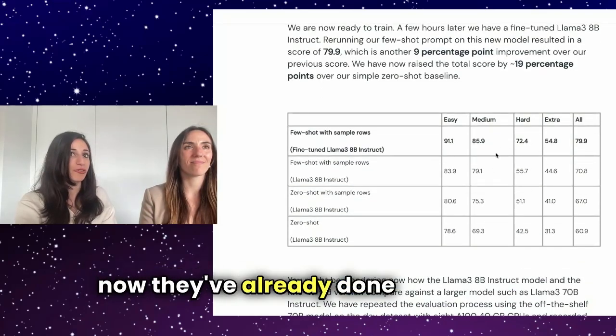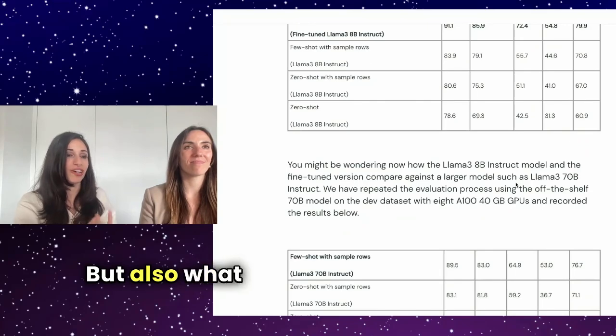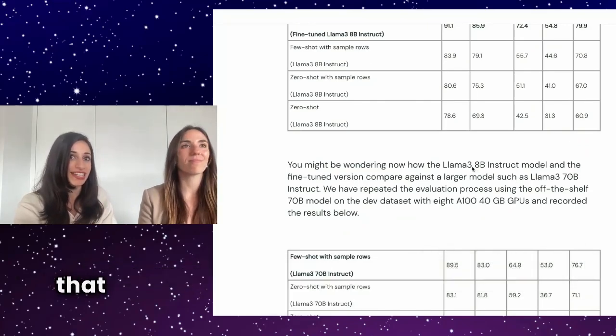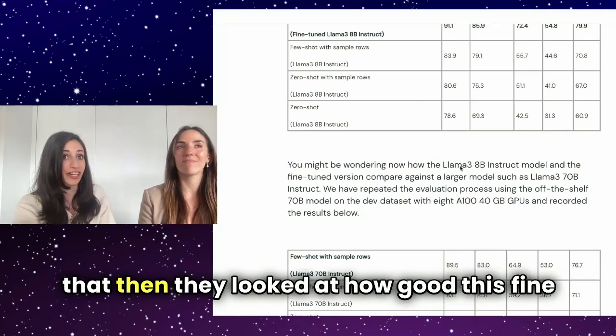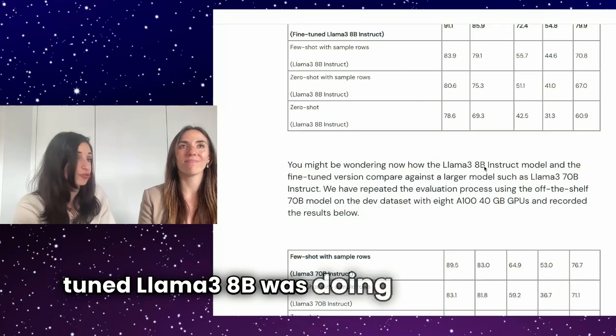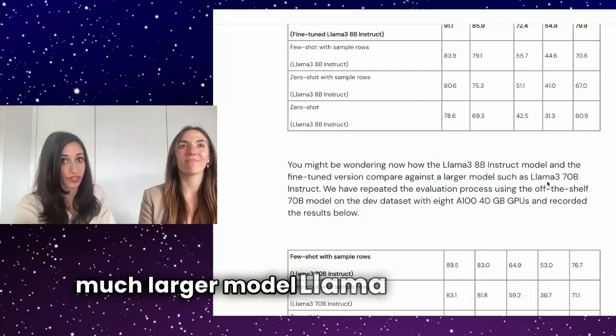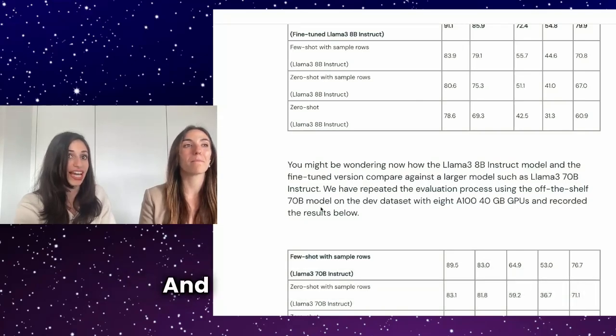Now they've already done quite well, but what I found super interesting is that they then looked at how this fine-tuned Llama 3 8B was doing compared to a much larger model, Llama 3 70B Instruct.